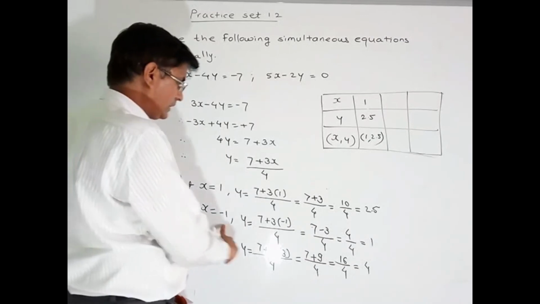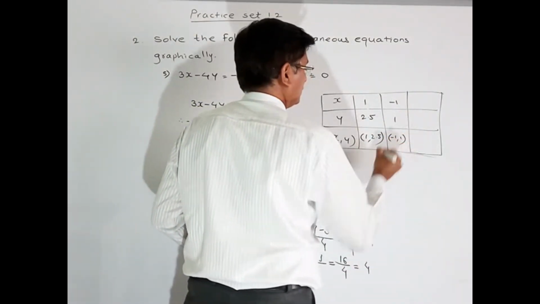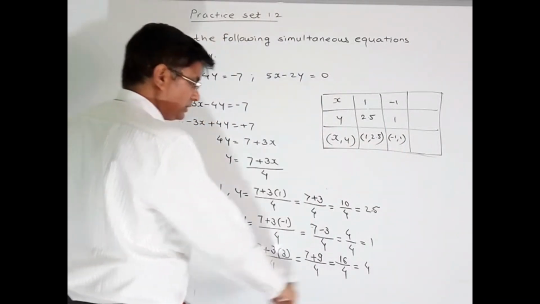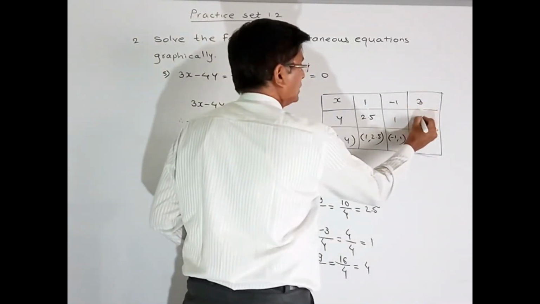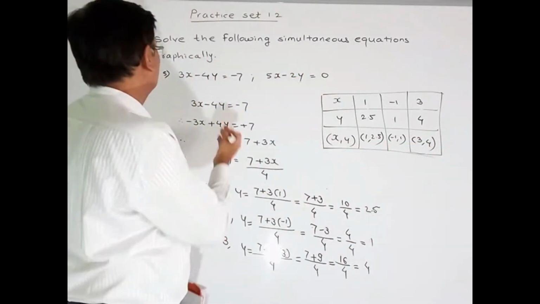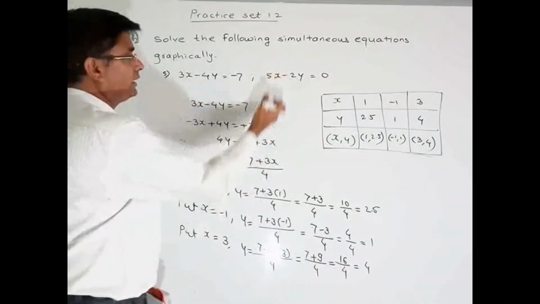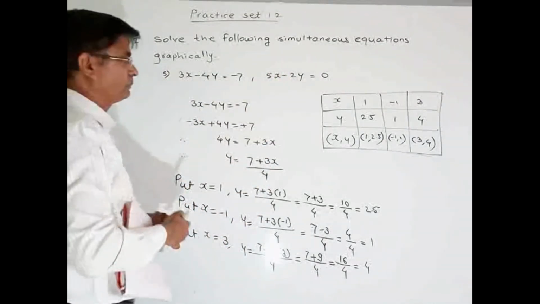Second is minus 1 comma 1. Third is 3 comma 4. This way we got the table of this equation. Now we will find the table of the second equation.